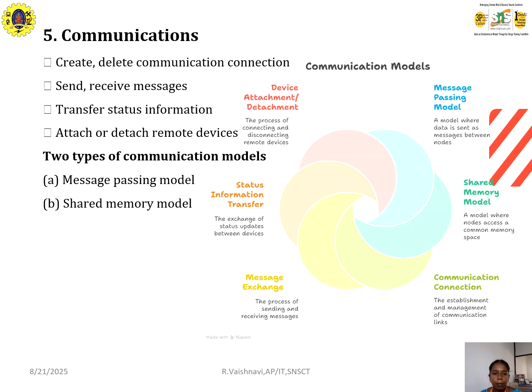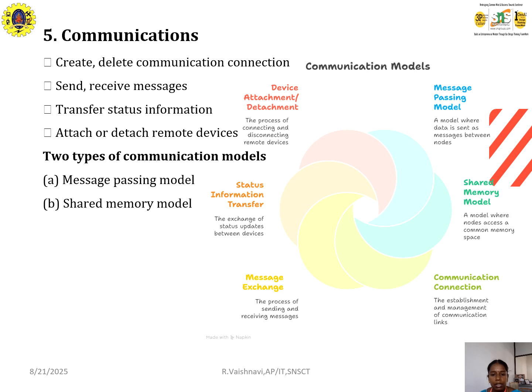Fifth one will be the communication. In communication, we have message passing model, shared memory model, communication connection, message exchange, status information transfer, and device attachment or detachment. The process of connecting and disconnecting remote devices comes under device attachment or detachment.